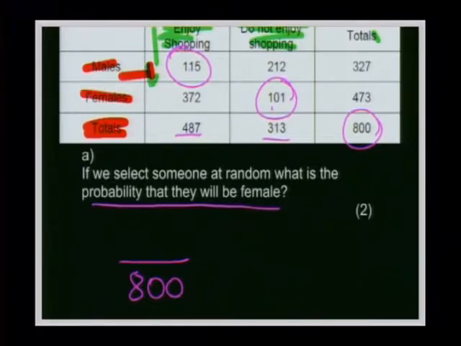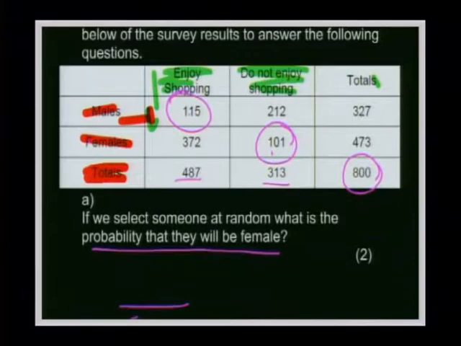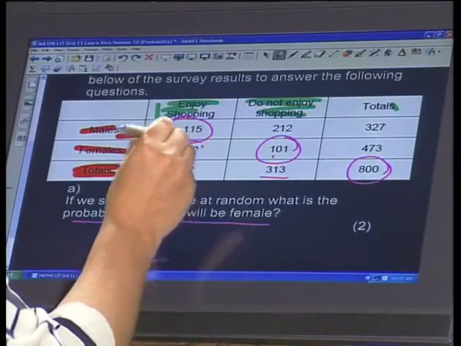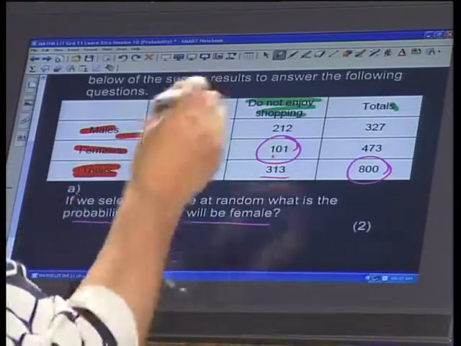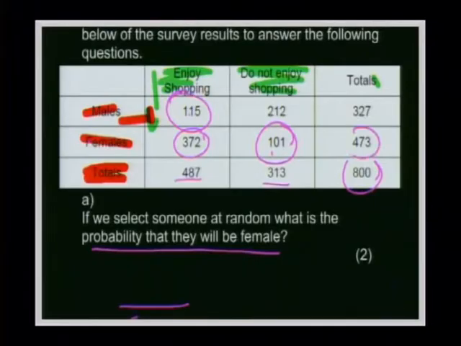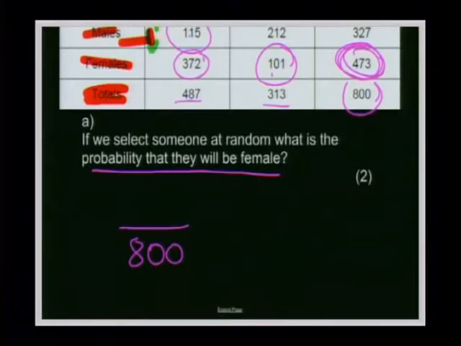Now I need to find my females. For my females, I've got 372 and 101, so we're looking at 473 females in total. So my probability is 473 out of 800. Remember I said you can leave it exactly like that.